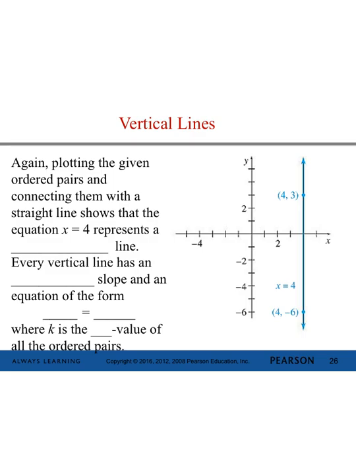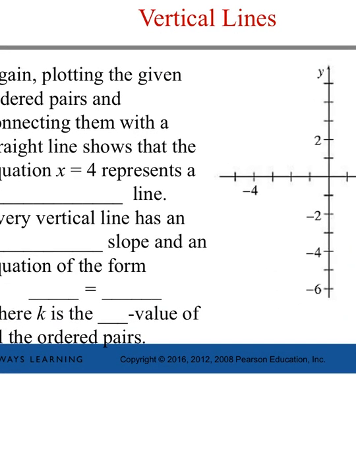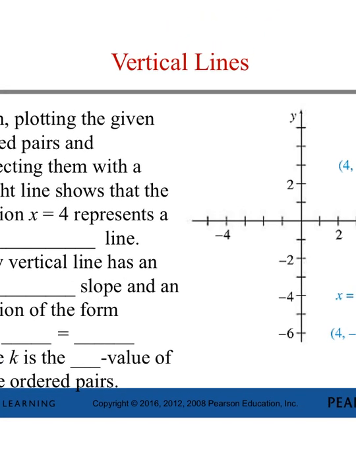So again, plotting those ordered pairs, 4, 3, 4, -6, gives us the line that is shown here on this graph, and that line is x equals 4.